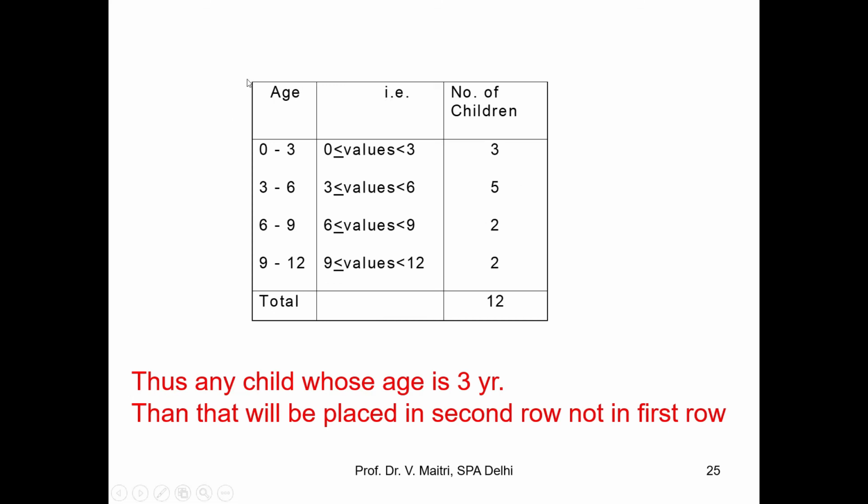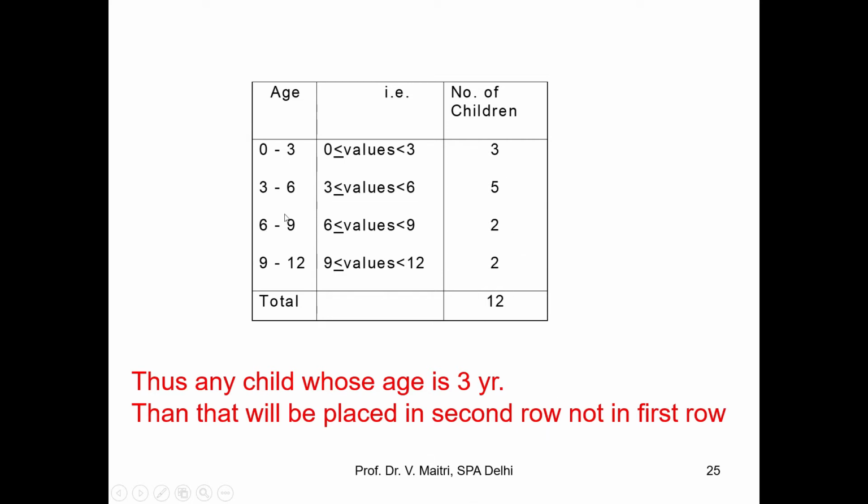We say 0 to 3: anything equal to 0 and above will come under this category, but less than 3. If it is equal to 3, it will come into the next category. If it is equal to 6, it will come into the next category. If it is equal to 9, it will come into the next category. And equal to 12 is out of the question, that will not come.